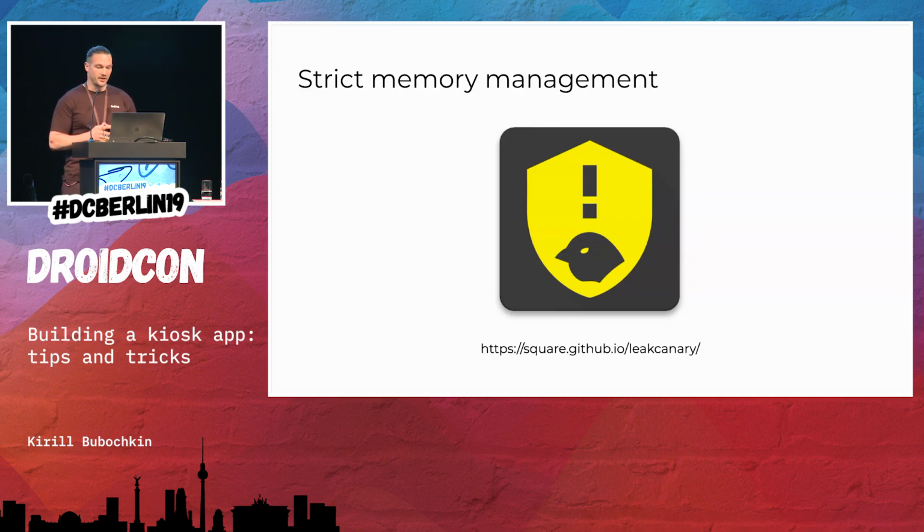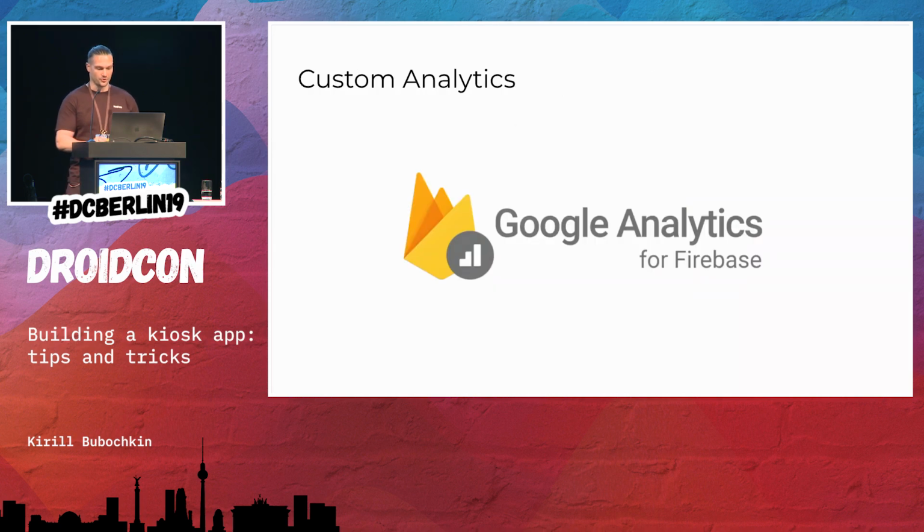But for a kiosk application, the app can stay in foreground for several days in a row. And that means that even a small memory leak can actually lead to an out of memory error. So tools like the LeakCanary library are not just nice to have, but actually crucial here.